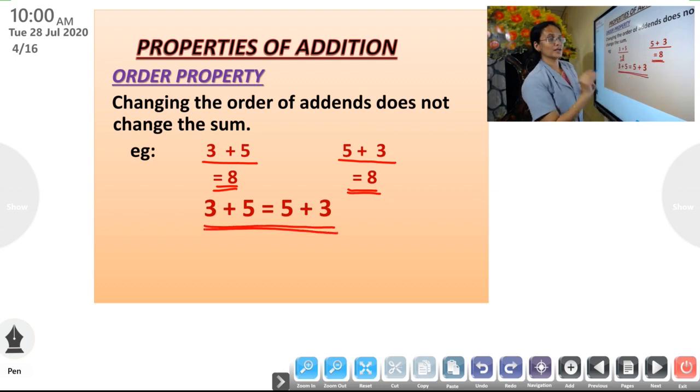That means you can add two numbers in any order. Changing the order of addends does not change the sum. Both answers will be 8. This property is known as order property.